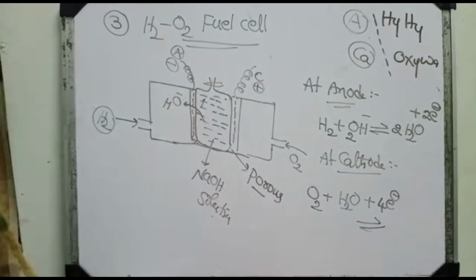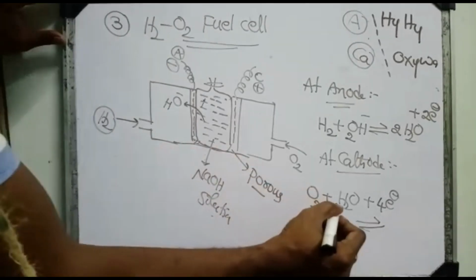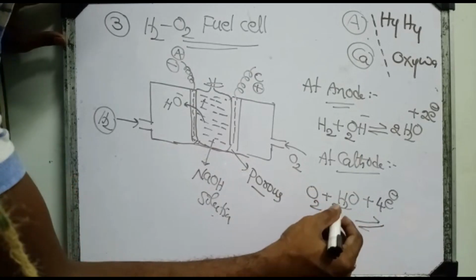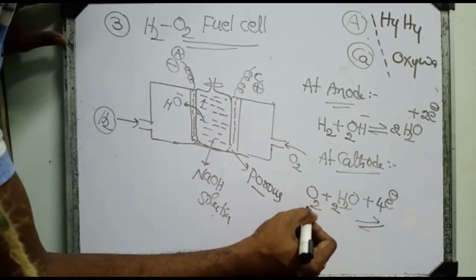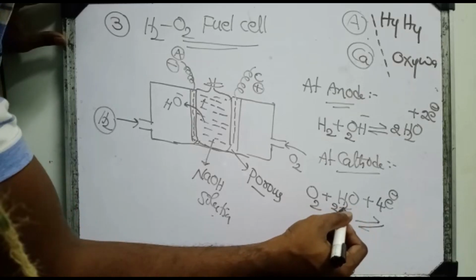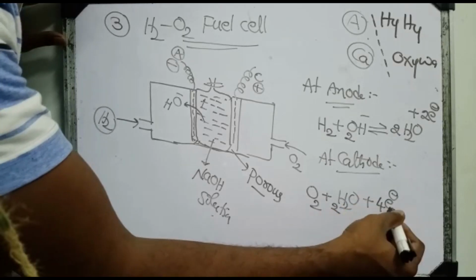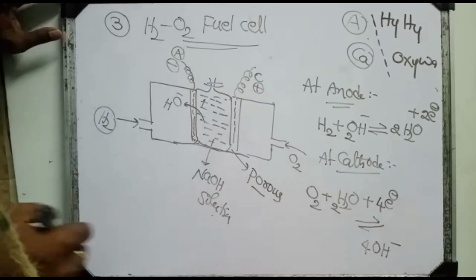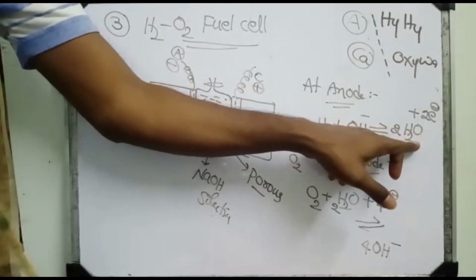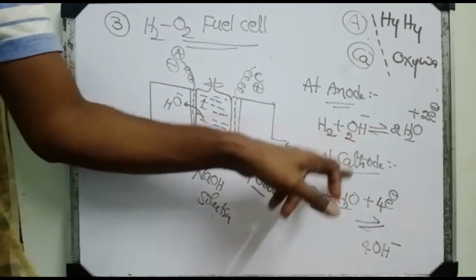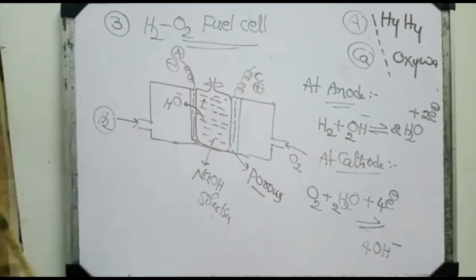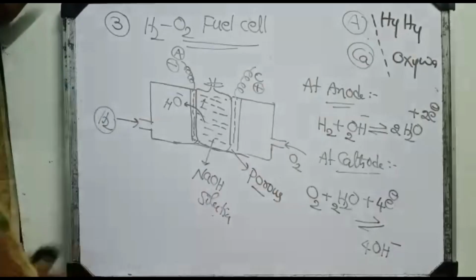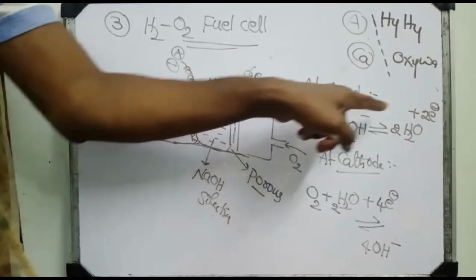So then what happens here? 2 water molecules, 4 hydrogens, and 2 oxygens attract 4 electrons, and you get 4 OH minus. Always think of the logic: whatever is added, that is coming outside. Now let's balance this. Here 4 electrons are coming, and at the anode 2 electrons are coming.